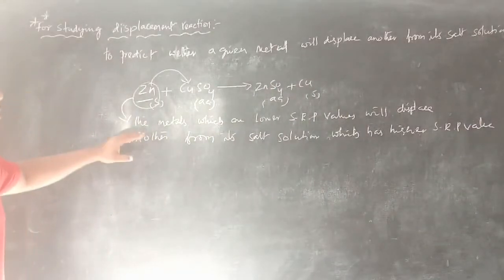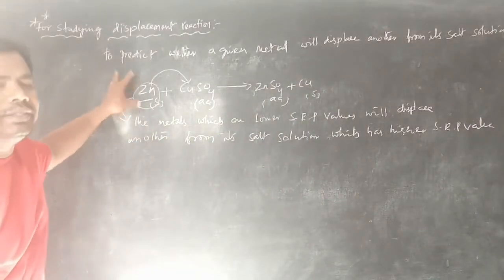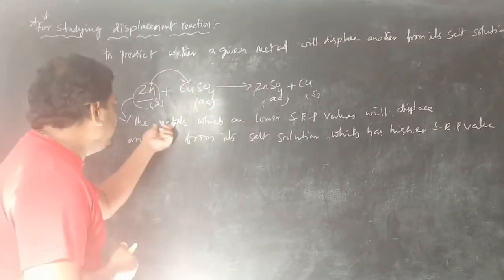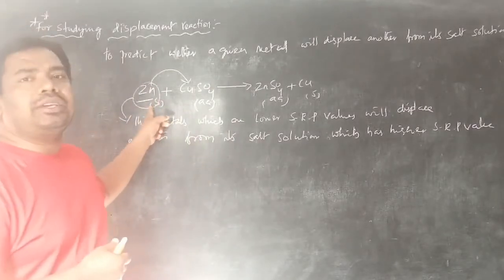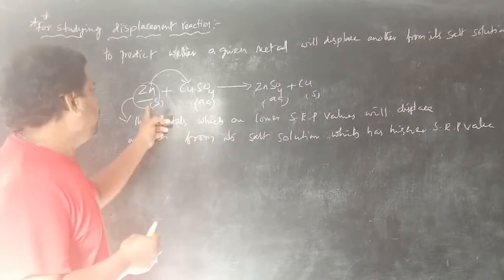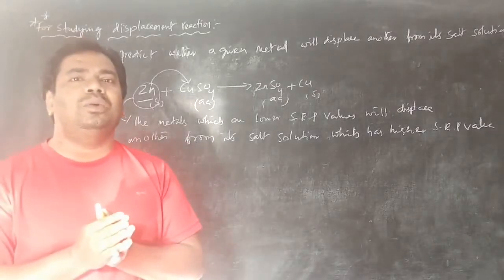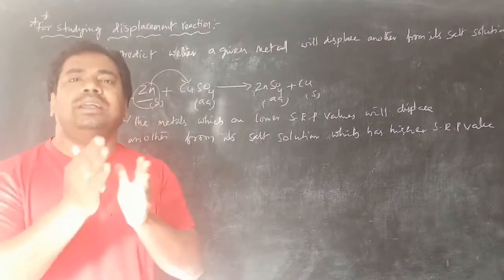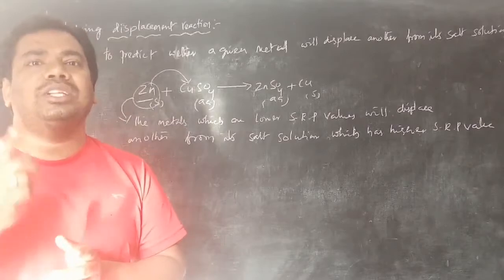So the reason here, listen students: why does zinc metal displace copper from copper sulfate solution? Because zinc metal has lower standard reduction potential than copper. So the metal which has the lower reduction potential value will displace the metal which has a higher reduction potential. That is very important.